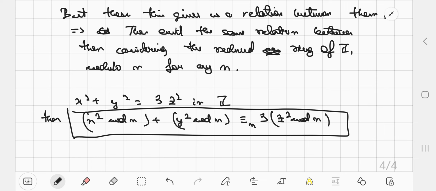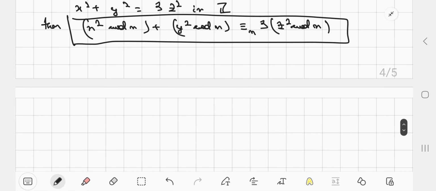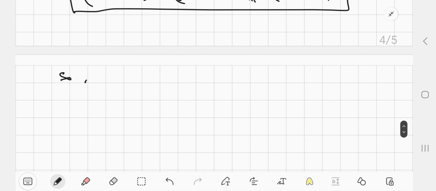So this property will also be carried over to the reduced ring of Z, and by reduced ring I mean the quotient ring Z mod nZ. Clear? But since this can happen for any n, we can simply talk about n being 4, right? So let n be equal to 4.